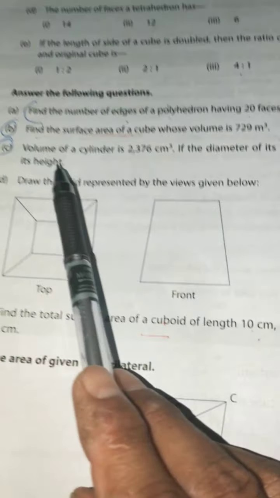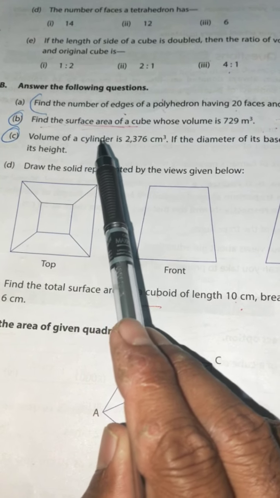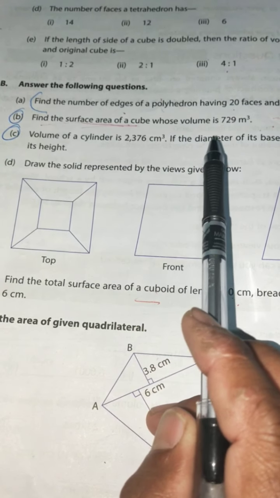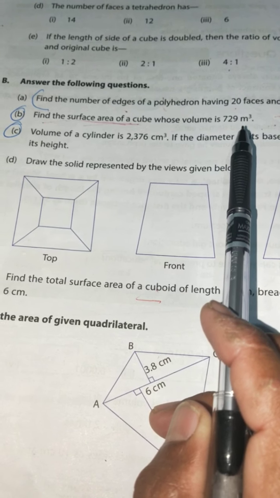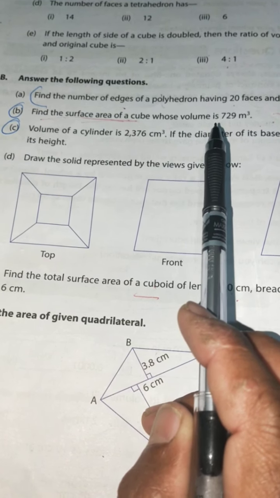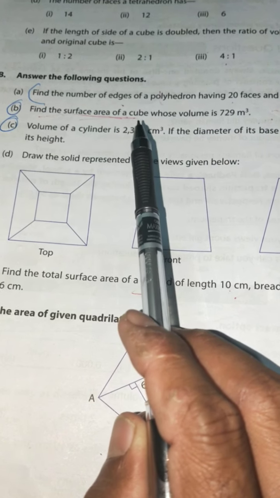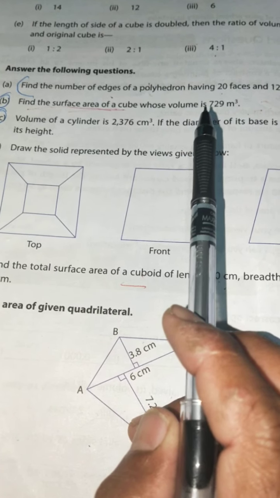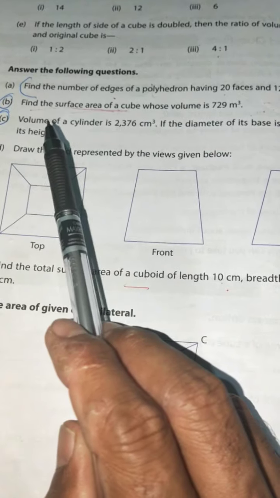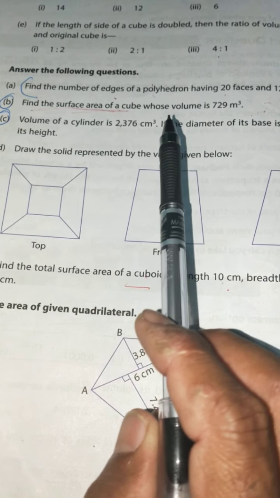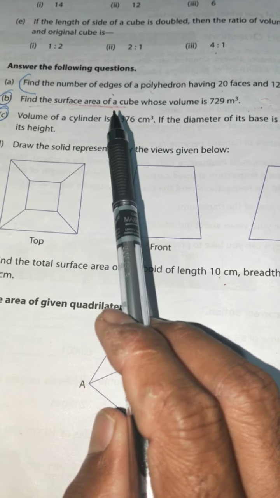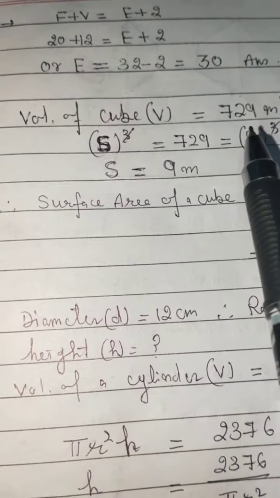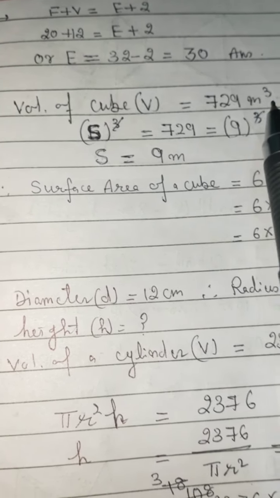Now second, find the surface area of a cube whose volume is 729 cubic meters. So what is the volume of a cube? Side whole cube. Now here side whole cube is given. Find surface area of cube. Surface area of a cube is equal to 6L square. So the volume of a cube is given, 729 cubic meter.